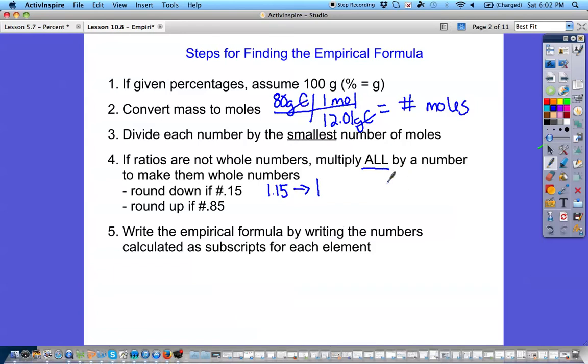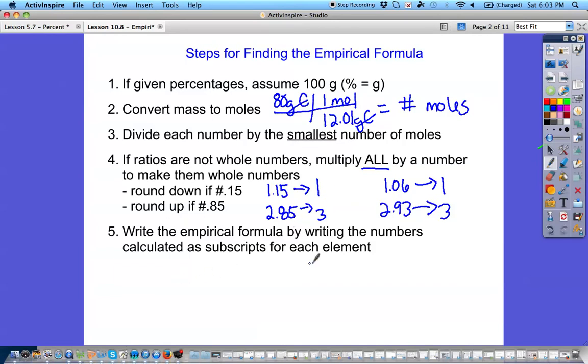Or if you have like 1.06, 1 again. If you have a number .85 or more, like 2.85, you're going to round up to the nearest whole number. And so this is going to be 3. Or if, say, you have 2.93, you're going to still round this up to the nearest whole number. But only if they're not whole numbers, and this only applies to your ratios.